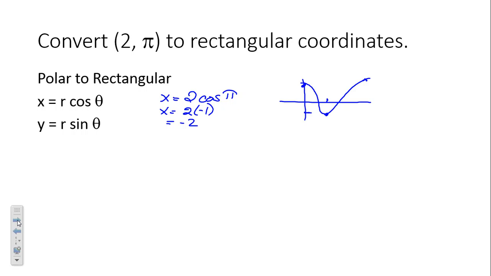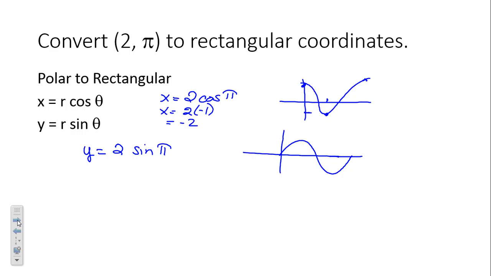Now we're ready for the r sine theta. When we want y, we take our r, which is 2, times the sine of pi. If we don't remember what the sine of pi is, we can graph it. Sine starts in the middle, ends in the middle.